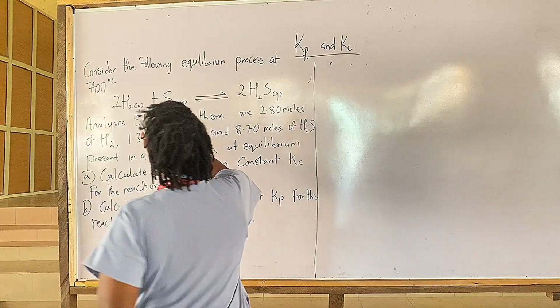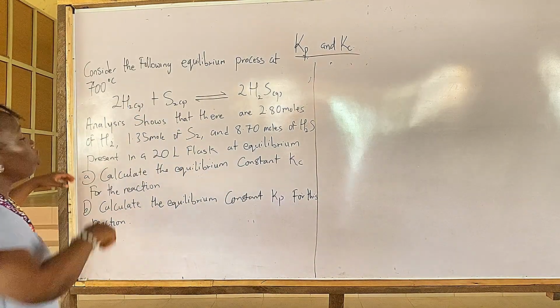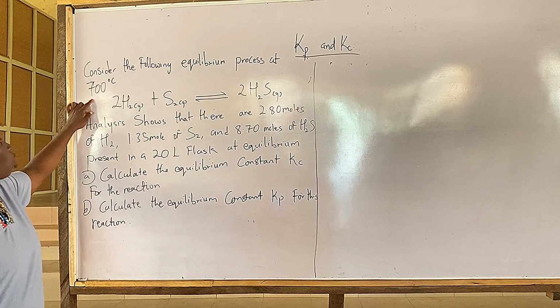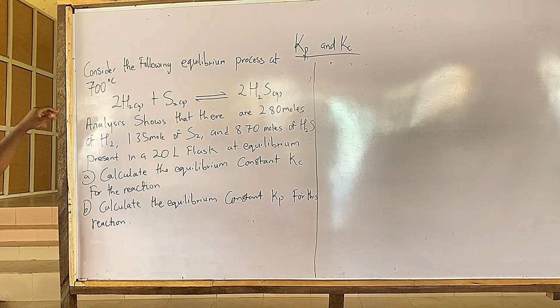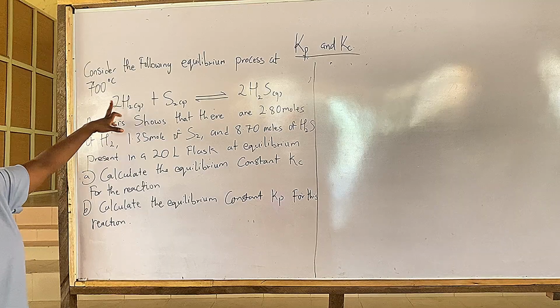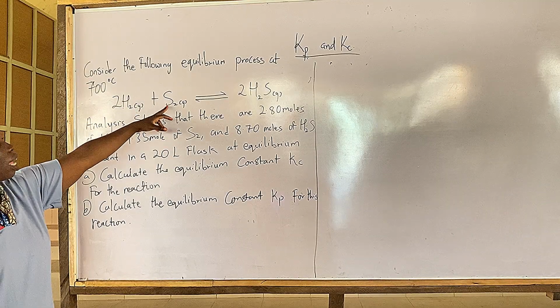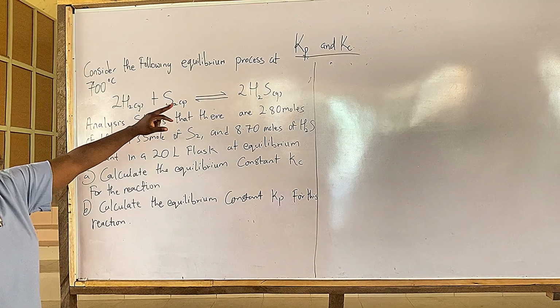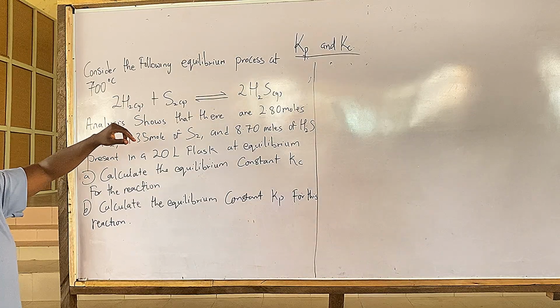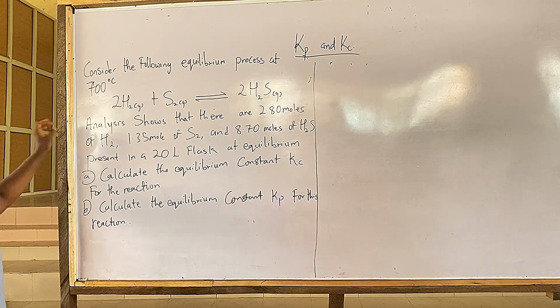Consider the following equilibrium process at 700 degrees Celsius. We have 2 moles of hydrogen gas reacting with sulfur gas to give us H2S, which is hydrogen sulfide, 2 moles.